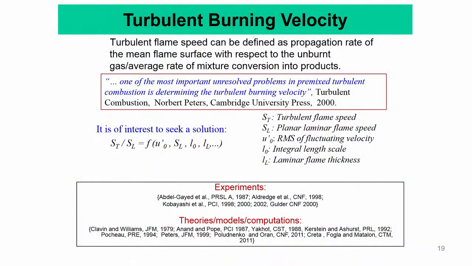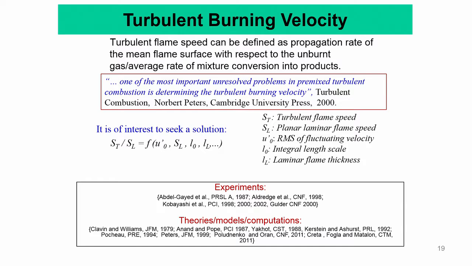Now we go into a more formal discussion of the methods by which the turbulent burning velocity, or turbulent flame speed ST, can be obtained, because ST comes into the model for the G equation to describe the propagation rate of the mean surface, and it is used in different turbulent flame speed models for validation also.